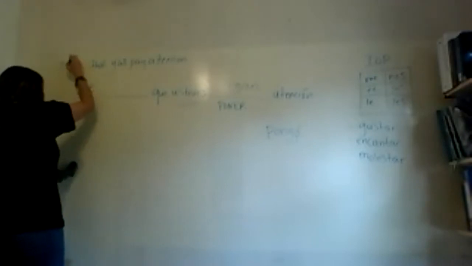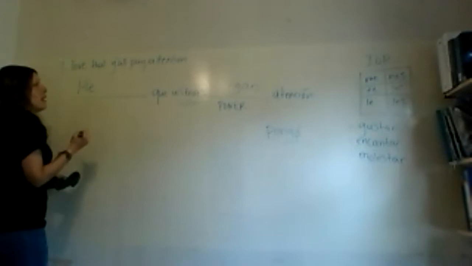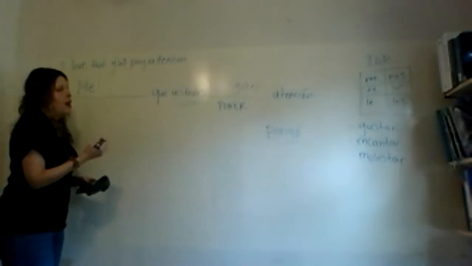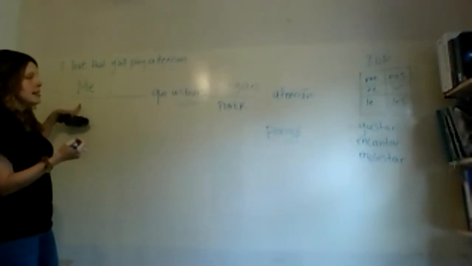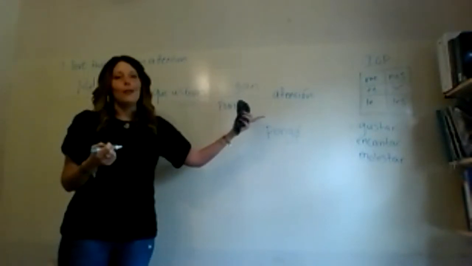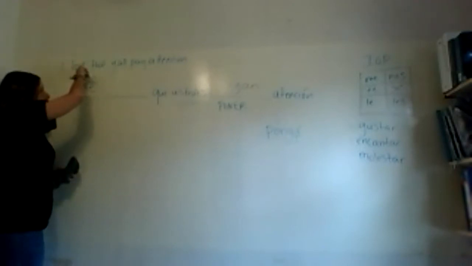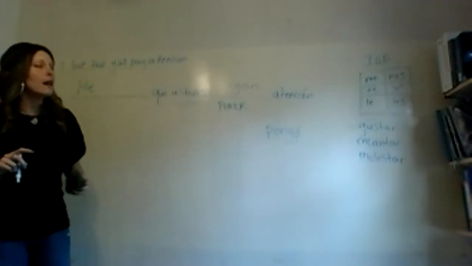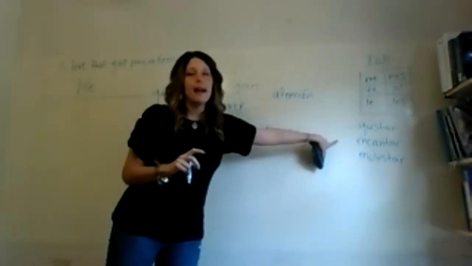And we could put, I love that y'all pay attention. Obviously, like I said, me is still going to be the same. And I'm still saying that y'all pay attention. So that back half of the sentence is also going to stay the same. We just now need to, instead of using the verb gustar, we need to use the verb encantar.